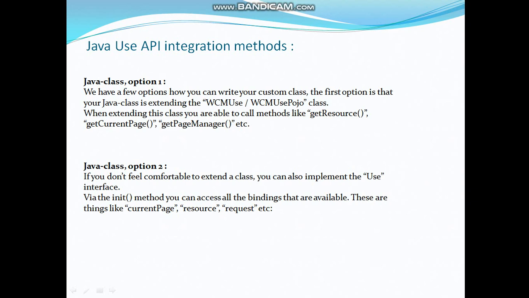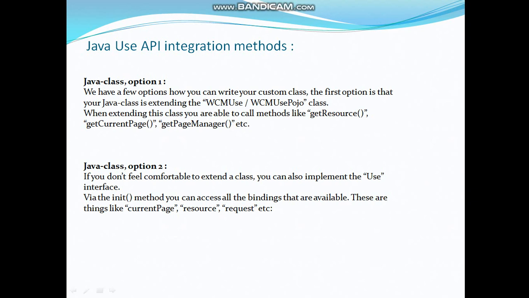We have discussed these two options: either extend your class with WCM use or WCM use POJO, and then you can get access to these methods directly, get resource, get current page, get page manager, for ease of development in your Sightly.